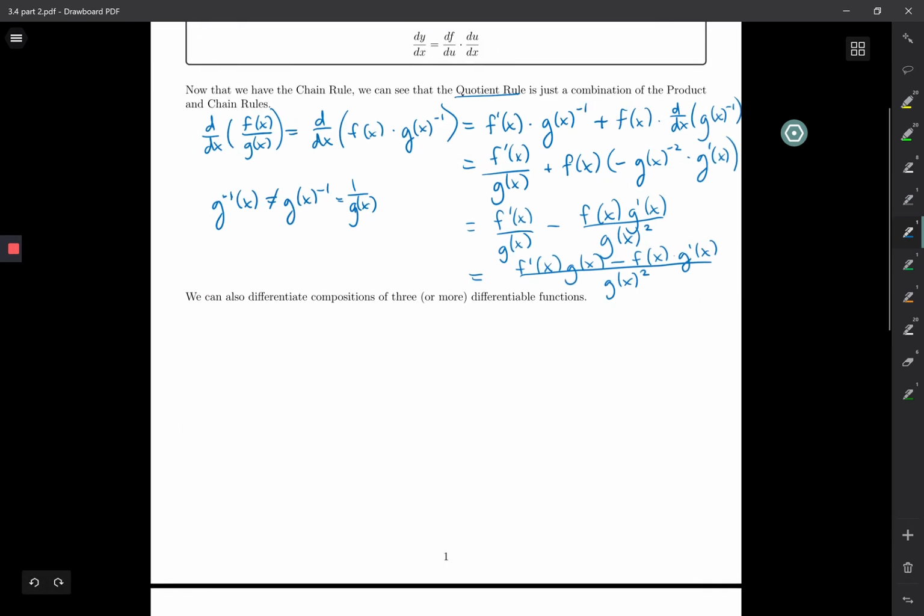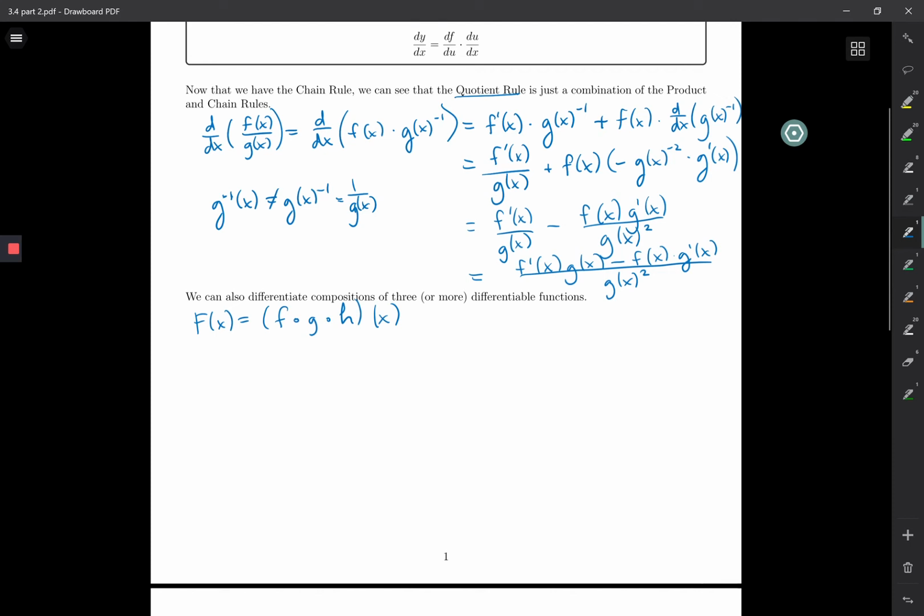Now, a little bit about why this is called the chain rule. For the product and quotient rules, it's kind of obvious why they're called that. The chain rule is not so obvious, but let's see what happens when we differentiate compositions of 3 or more functions. Say we have a function that is f composed with g composed with h, a composition of 3 functions, and we want to take the derivative.